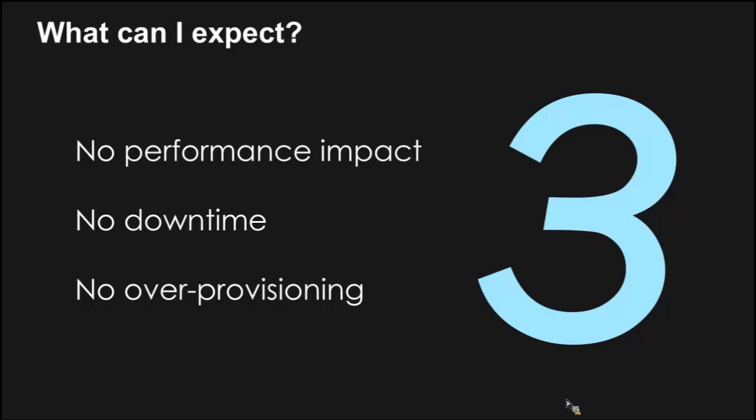So what can I expect when doing a volume modification? You guessed it, there are 3 expectations. No performance impact. There are some challenges with changing volume types using snapshots or over provisioning volumes, because you just couldn't tolerate downtime, or even to provision larger, faster volumes. So there's no downtime associated with this and no over provisioning.